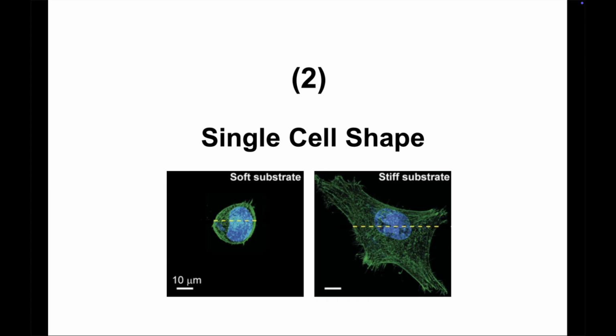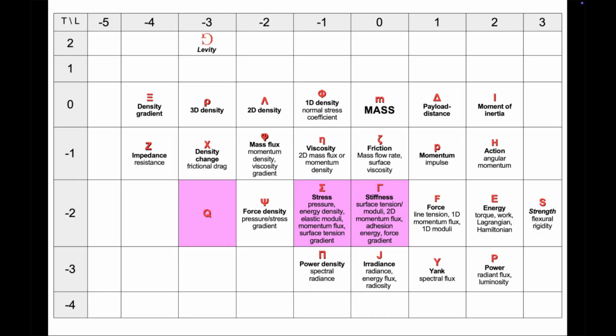Let's say a few more words about this example before we move on to our last case study. The analysis of experimental data on the volume, height, and contact radius of cells in the last episode suggested that this trio might provide a satisfying mechanical model for the shape of single cells spread on substrates with different values of elastic modulus sigma.